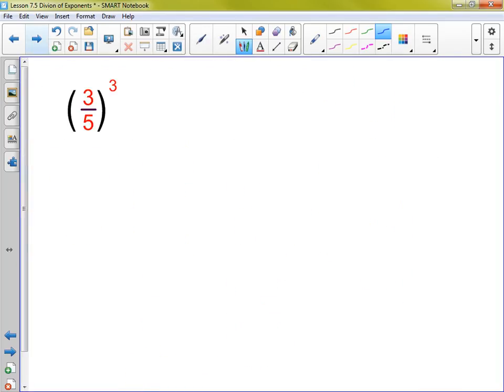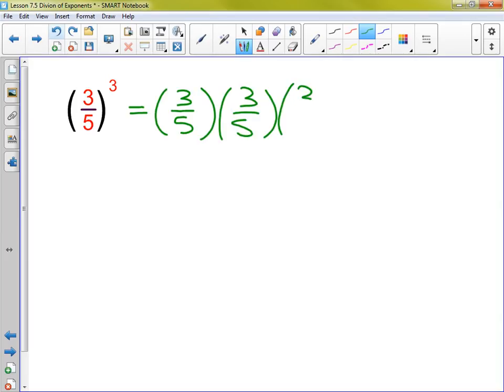Okay, now if I have a fraction, or what's known as a quotient, any division problem is a quotient, and I want to raise it to a power, just like we did when we first learned about raising powers to powers, you can rewrite this as 3/5 times 3/5 times 3/5. 3/5 to the 3rd means 3/5 multiplied by itself 3 times.